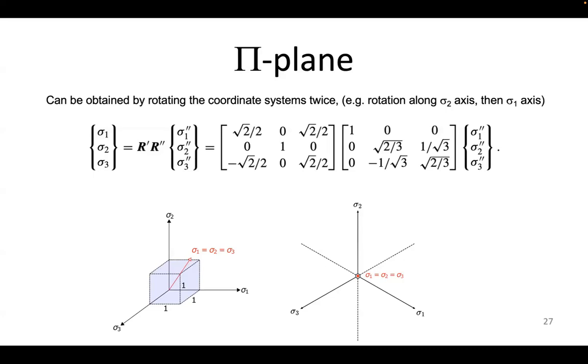The advantage of doing that is that if I have a 3D object and it doesn't evolve in the hydrostatic axis, I can get rid of one coordinate. Do you see that? What happened in this new coordinate?